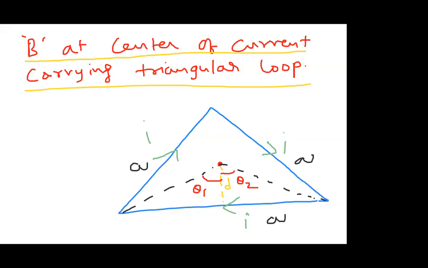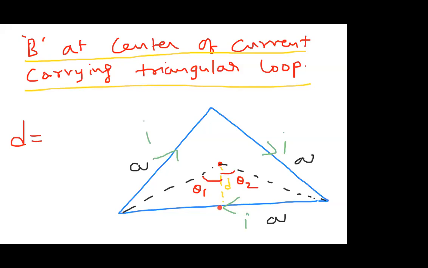From the properties of an equilateral triangle, you can easily understand the perpendicular distance from the center of the triangle to the side.